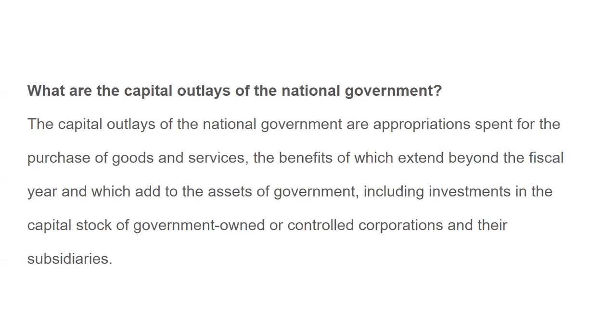But the creation of subsidiaries must be in relation to the charter under which the government owned and controlled corporation was created. Otherwise, the function or its creation would be ultra vires, meaning it is not within the powers of the GOCC.